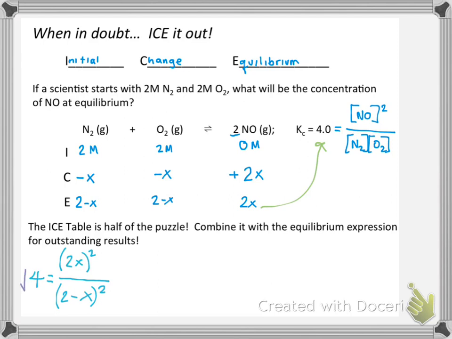We just take the square root of both sides and end up with a simpler formula of 2 equal to 2x divided by 2 minus x.